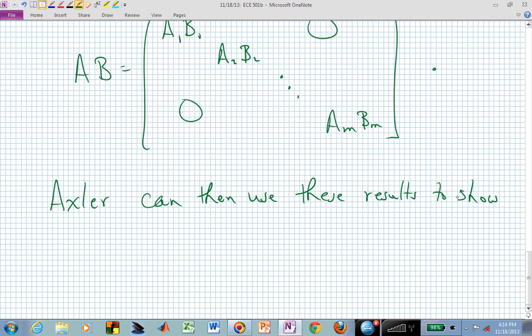to show that a normal operator, and whenever I say normal operator, you know what that means: the operator and its adjoint commute. So the operator is normal.